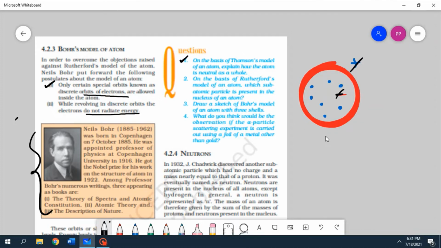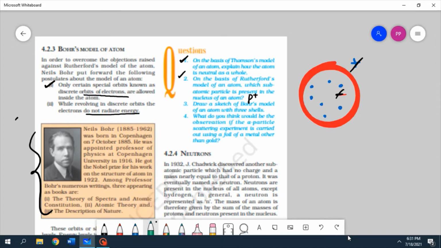On the basis of Rutherford's model of an atom, which subatomic particle is present in the nucleus of an atom? It's the proton, because he said the nucleus contains the positive charge of the atom. That is the proton.